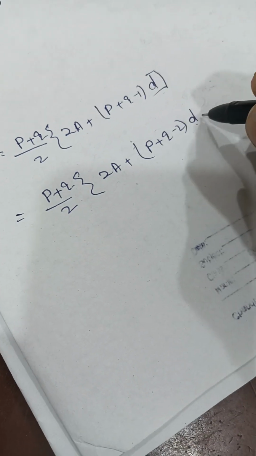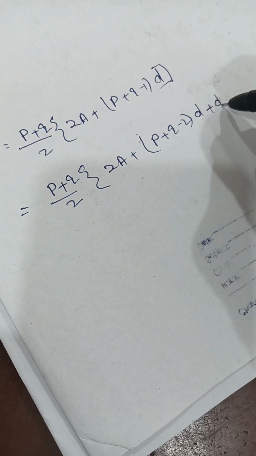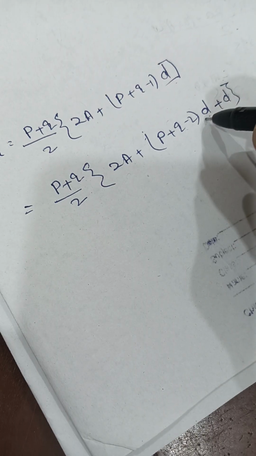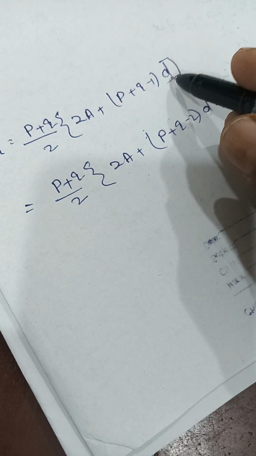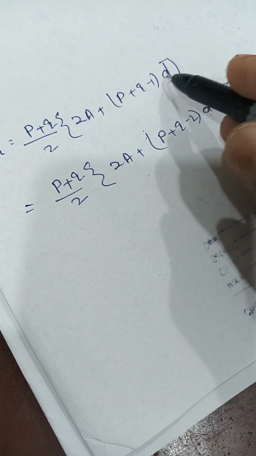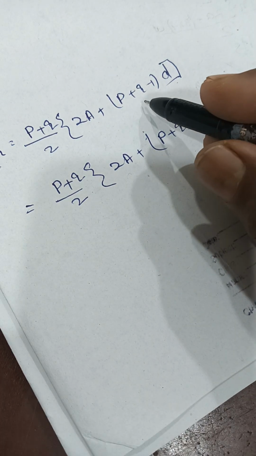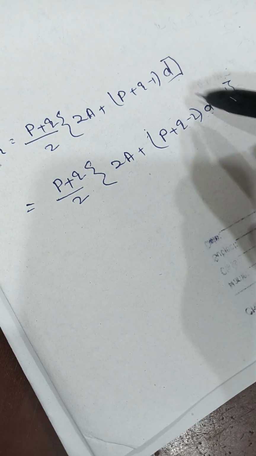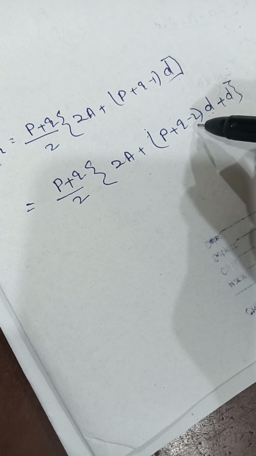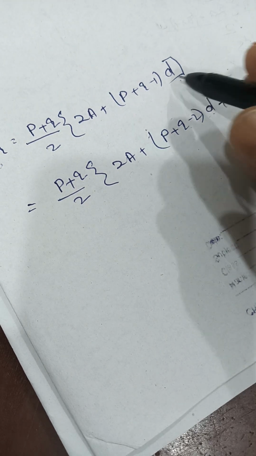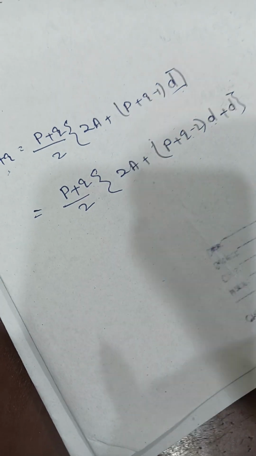So to balance it, you have to add 1d here, because minus 2d plus d will be minus d. P remains the same, pd is also pd, plus qd is also qd, and minus 2d plus d is minus 1d. So these are the same.